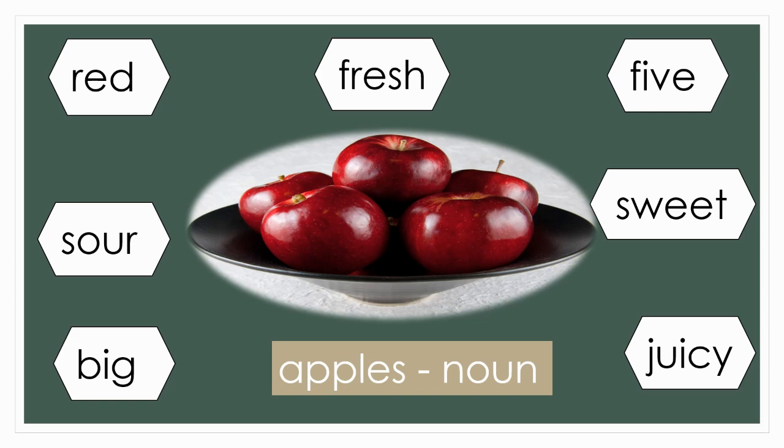These are fresh apples. There are 5 apples. These apples are juicy. These are sweet apples. In this way, these words describe the color, the total number, the size, the taste of the apples. So, they are called adjectives.